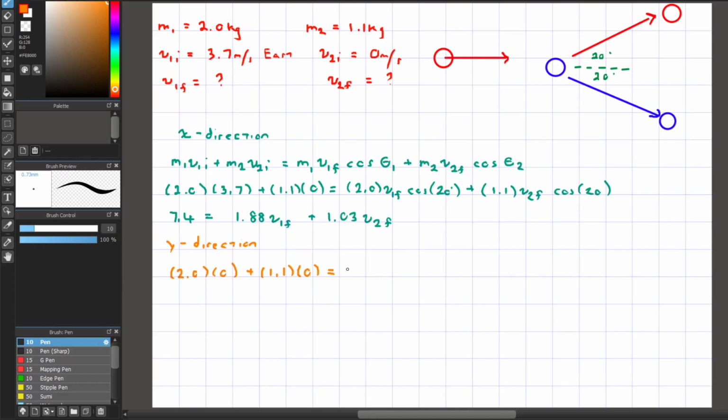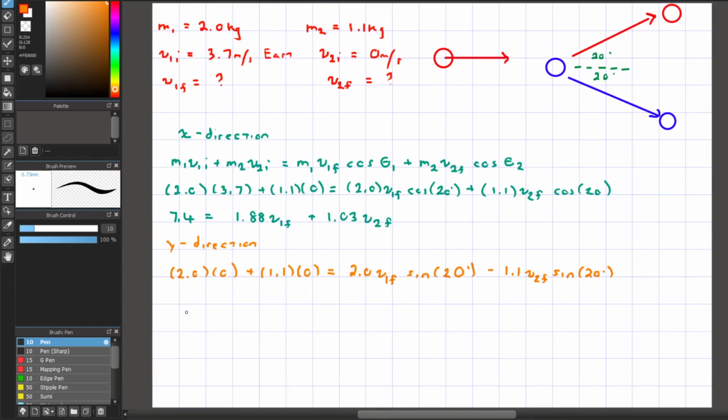And the reason it's 0 before the collision is because neither object moves in the y direction. And this all equals 2 V1F times sine of 20 plus 1.1 V2F sine of 20. And again, the difference this time is since we're focusing in the y direction, we're going to use sine of theta to emphasize that.